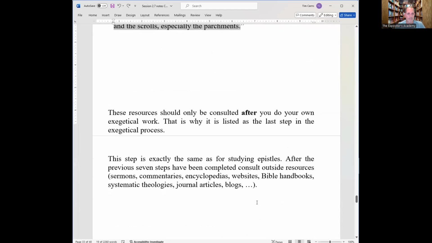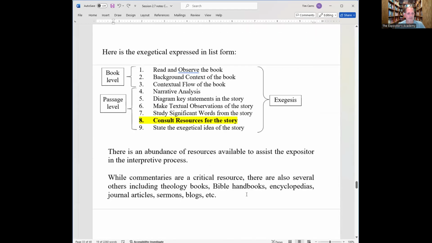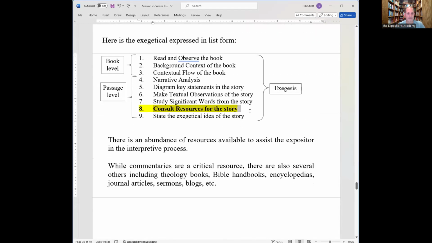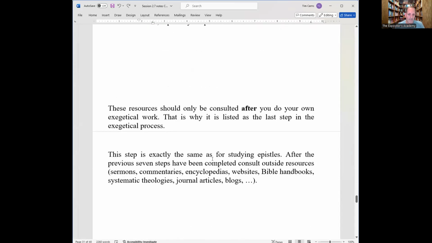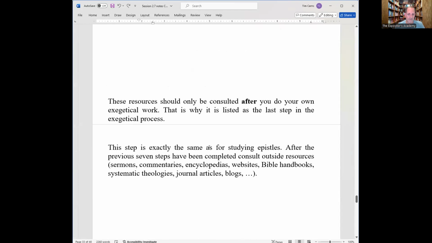Now, as I mentioned, notice this step comes at step 8, not step 1 or 2 or 3 even. But after we have done our careful, diligent study, now we're at a place where we're ready to effectively use those resources. After we've done our own exegetical work, now we are in a place where we can use these resources.